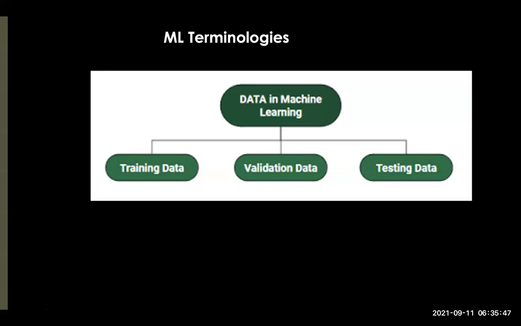And when you are okay with the result the adjusted settings give you, you finally use the third set, which is the test set, to check the performance of the model. Most times we don't want the model to see the test set until you are done using the validation data to adjust the settings. Okay?